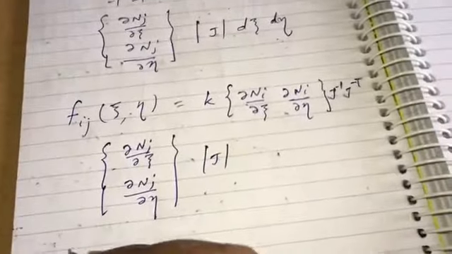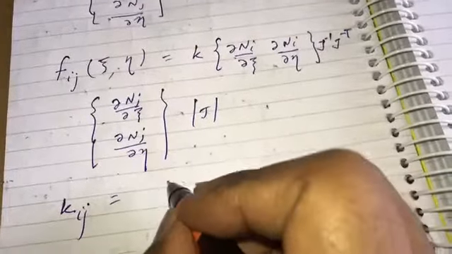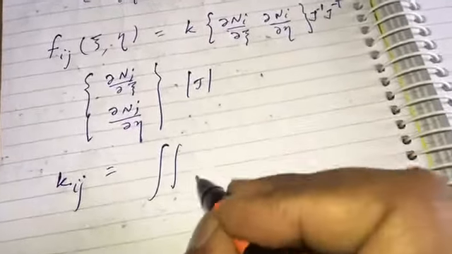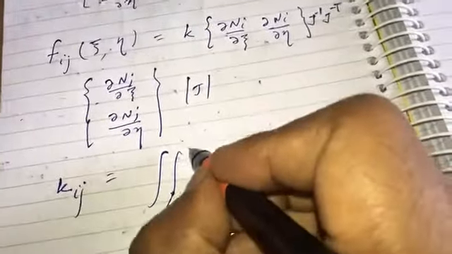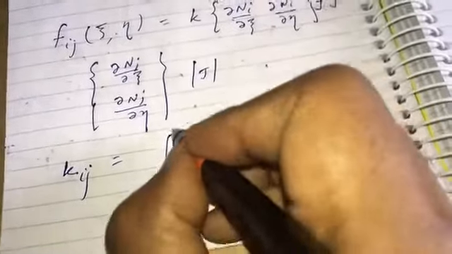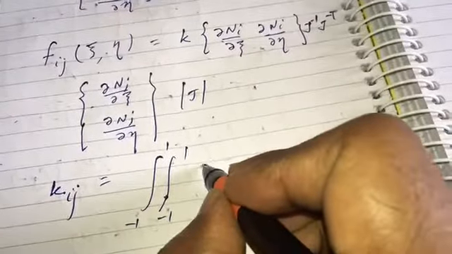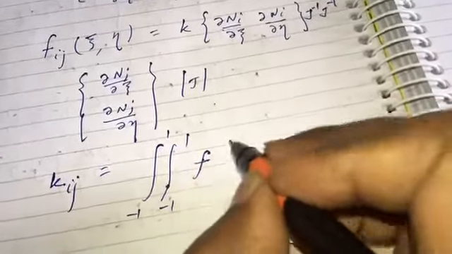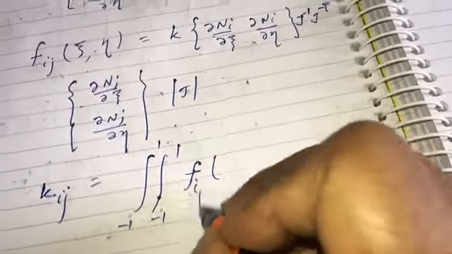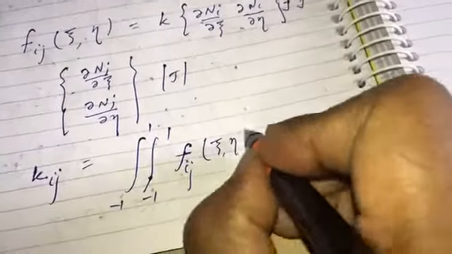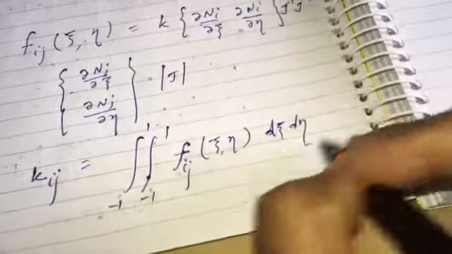Then Kij is equal to nothing but the integration from minus 1 to 1, minus 1 to 1 of Fij of xi, eta, d xi and d eta.